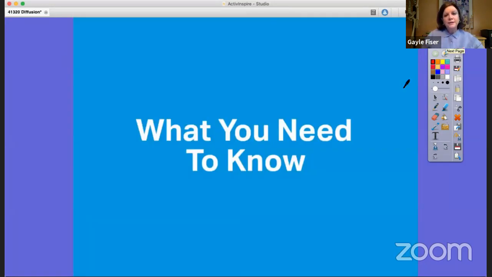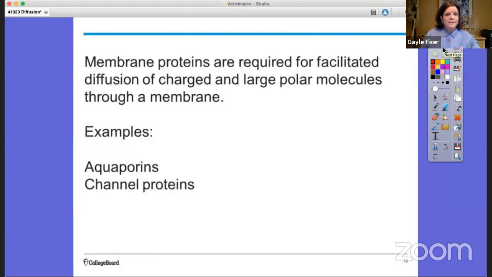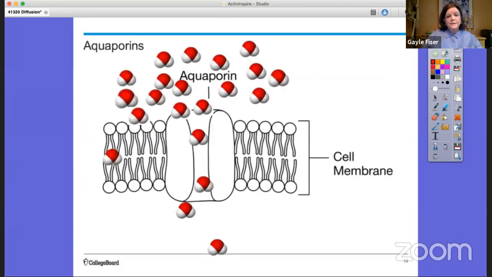All right, so what you need to know. Membrane proteins are required for facilitated diffusion of charged and large polar molecules through a membrane. Examples that we're going to talk about are aquaporins and channel proteins. As we talked about last time we were together, very few water molecules can go through the membrane because they're partially charged.